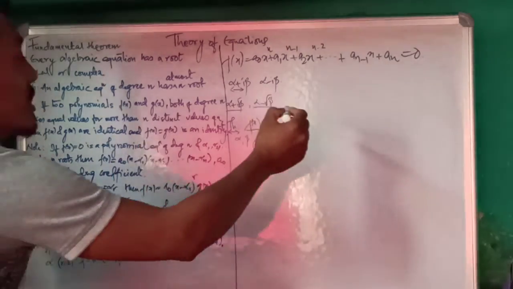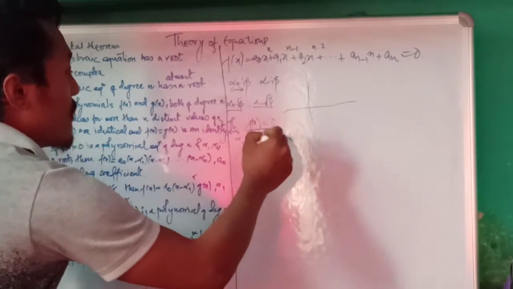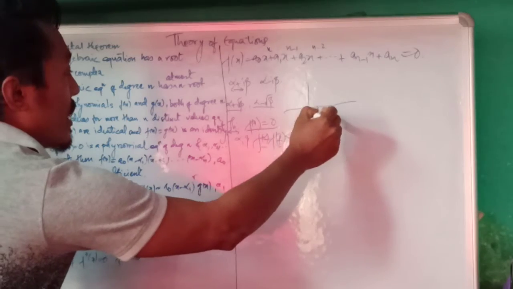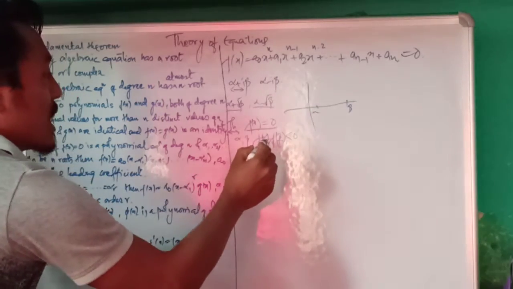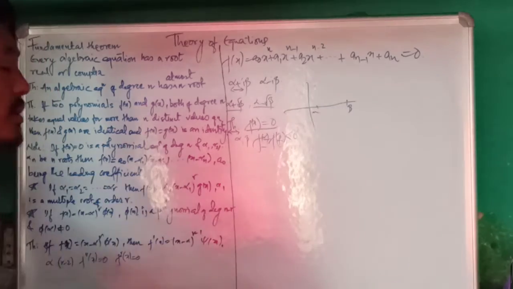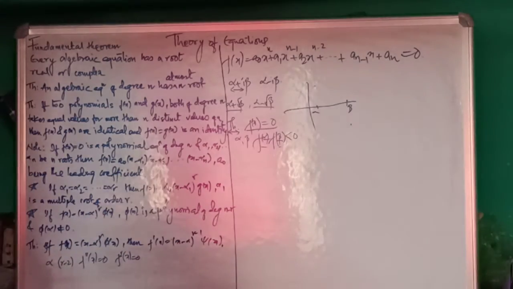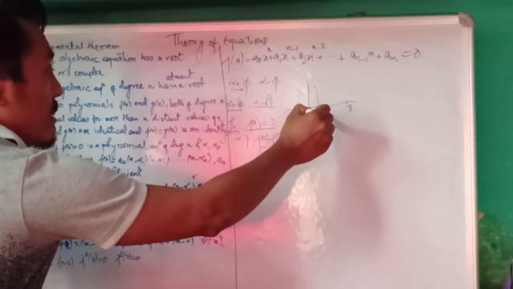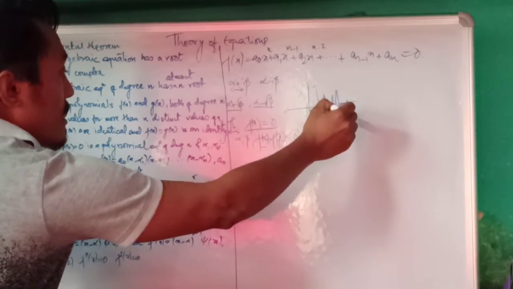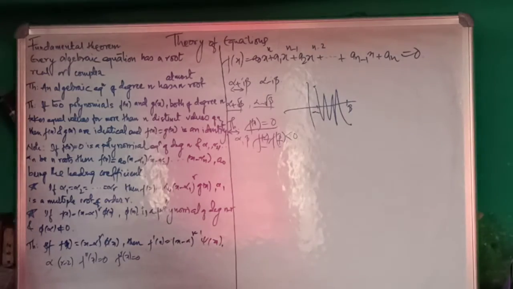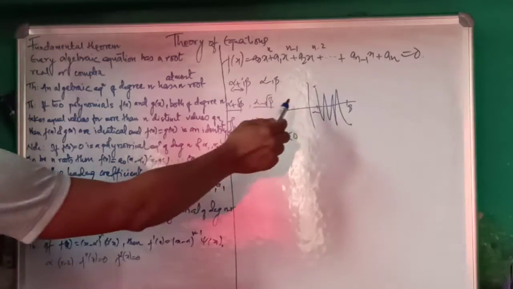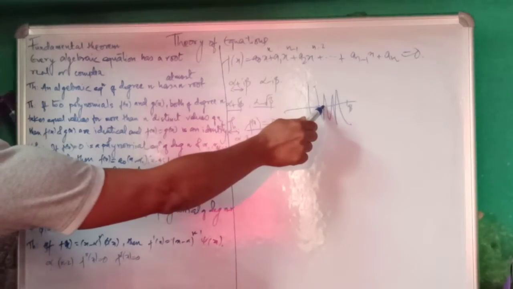If we check this geometrically, suppose this is alpha and this is beta, and f of alpha is positive, then the graph will go over here, and if f of beta is negative, then it will go below. Then if we join these, there can be many crossings of the x-axis. The crossing points are the roots.